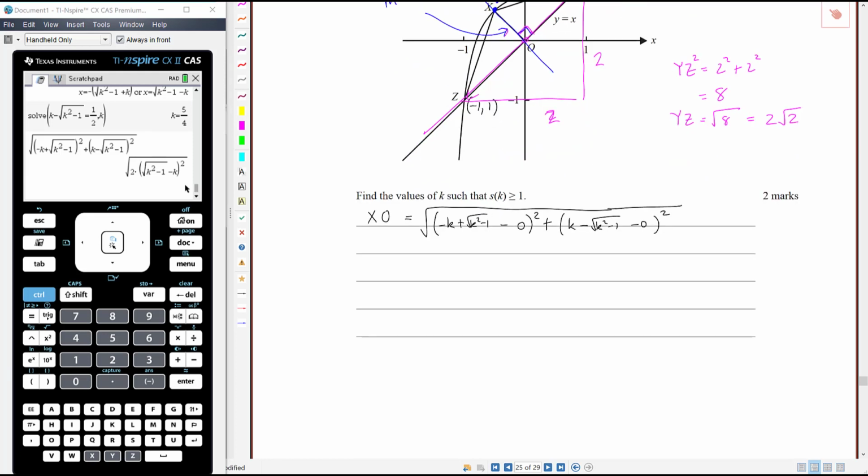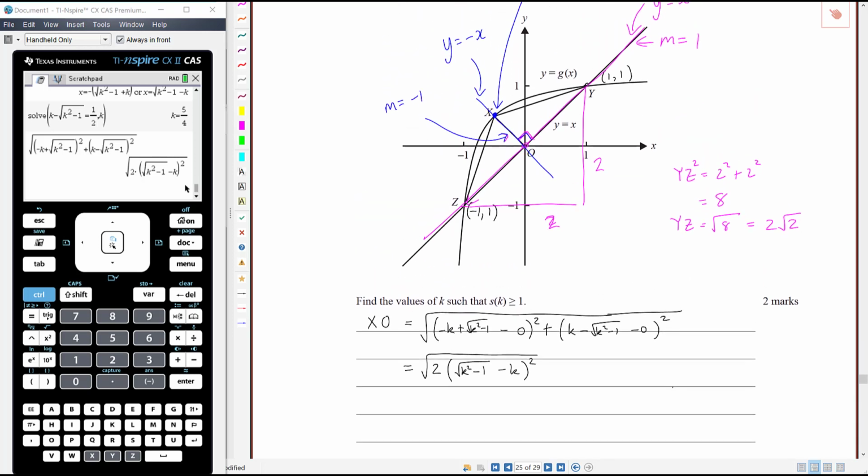Okay, so this is square root of 2 lots of square root of k squared minus 1, take away k, all squared.